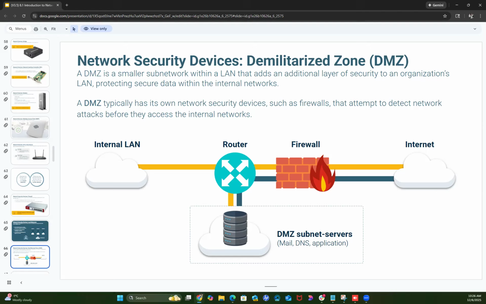A DMZ typically has its own network security device, such as a firewall, that attempts to detect a network attack before it accesses the internal network. So these are many of the network and security devices that organizations use to build their own networks.